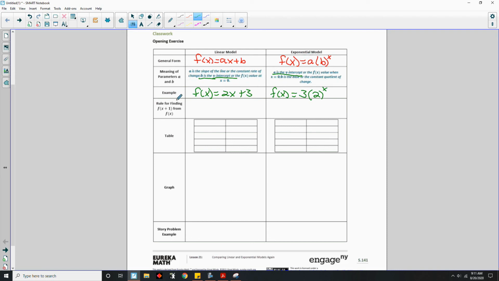Rule for finding f of x plus 1 from f of x. Starting at the point 0, 3, our y-intercept, to find f of x plus 1, we're going to add 2 to f of x.